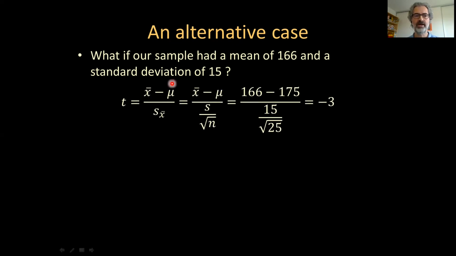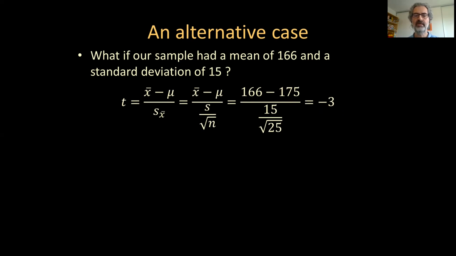We have to subtract the reference value from our mean and divide by the estimated standard error. So 166 is our sample mean. Subtract our reference value, the question. Here is our sample standard deviation, and here is our sample size. And the answer here is t equals -3.